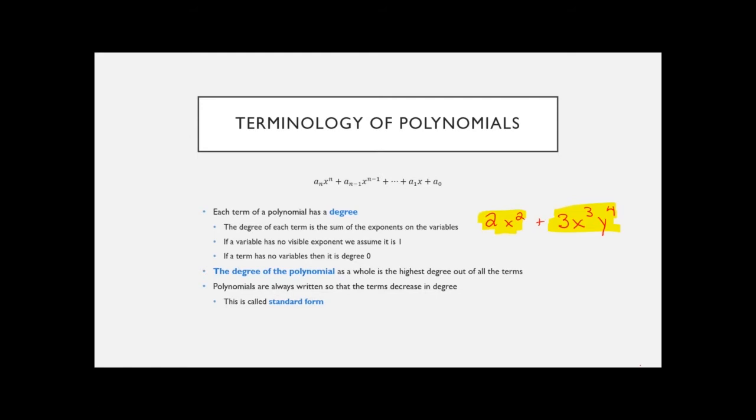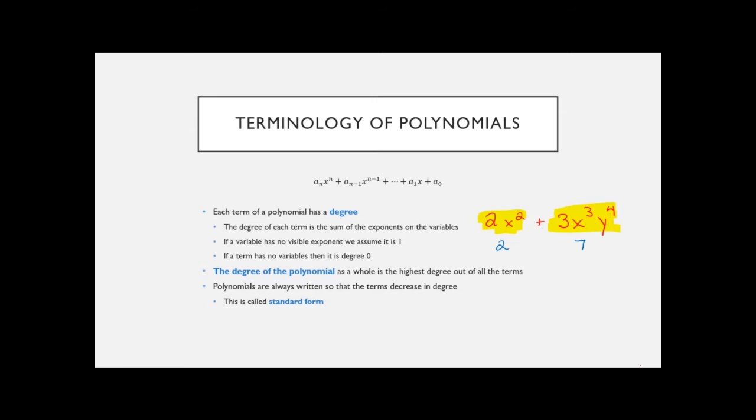The degree of each of these is the sum of the exponents on the variables. The first term is x squared, so that is degree 2. The second term, I would add those exponents and get degree 7, because 3 plus 4 is 7.